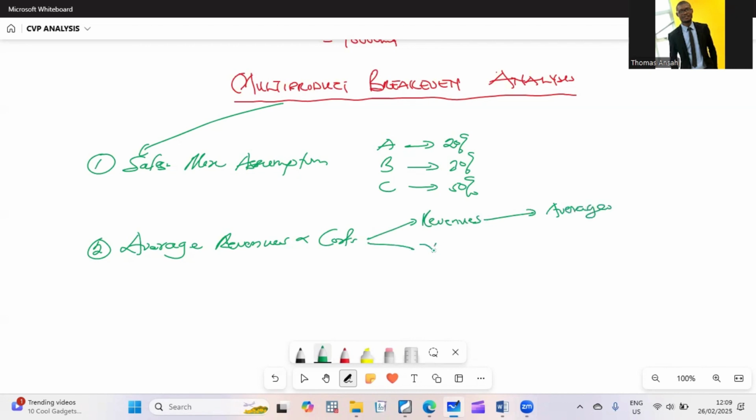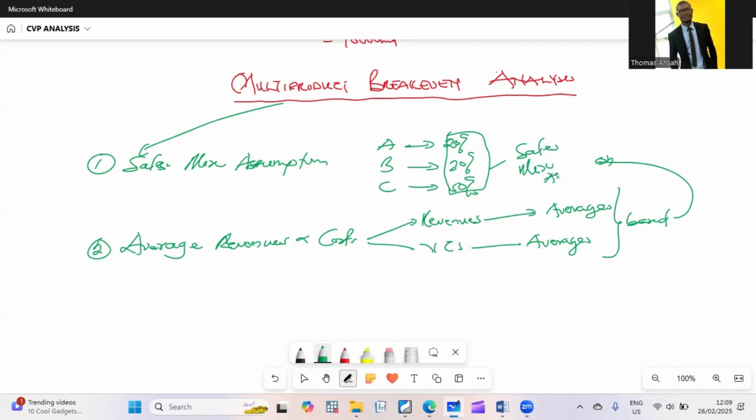For all the variable costs, we'll be looking at the averages. And the averages are based on the sales mixes. All right. So basically, that is that.